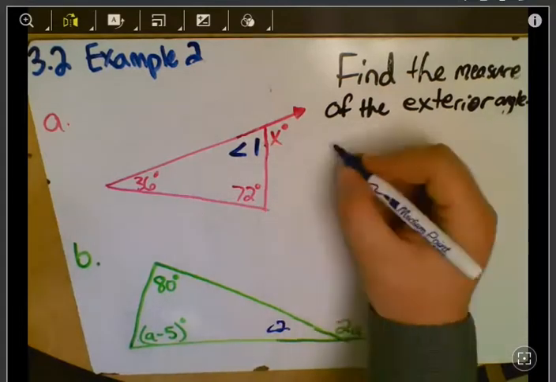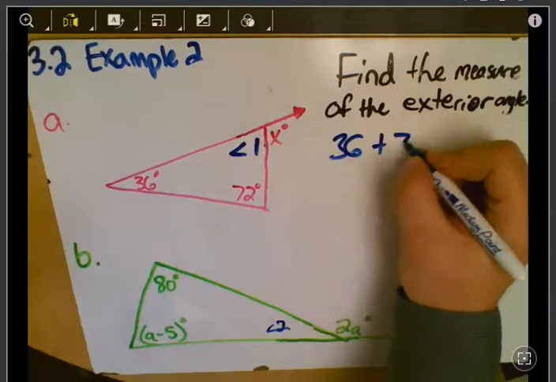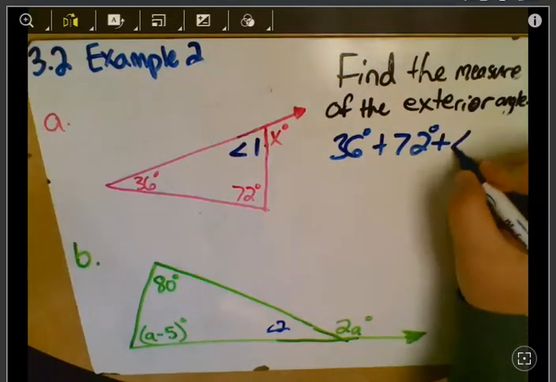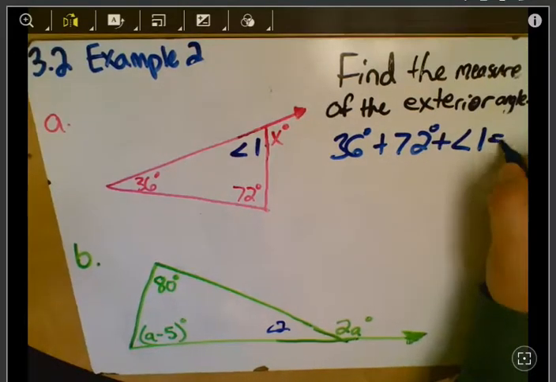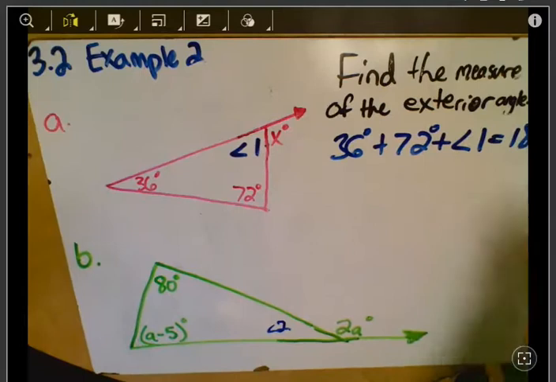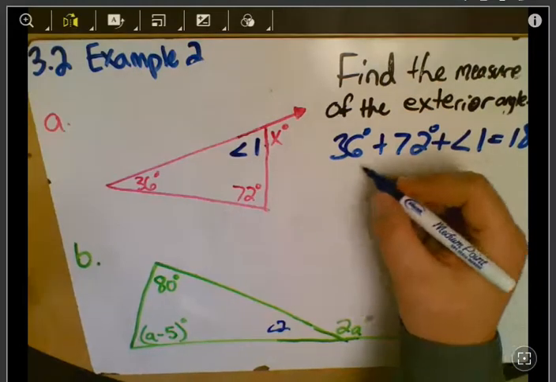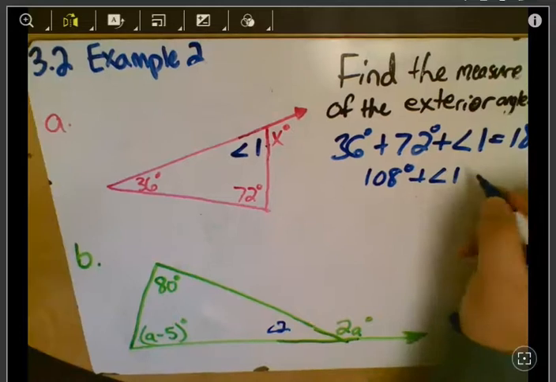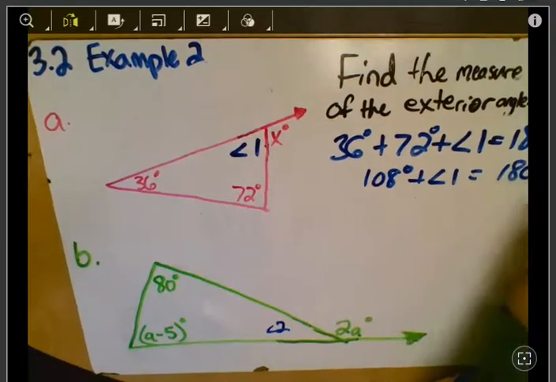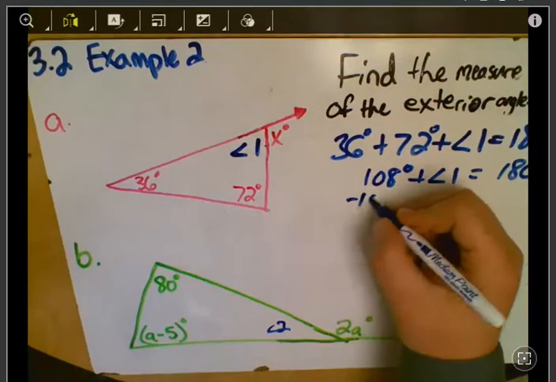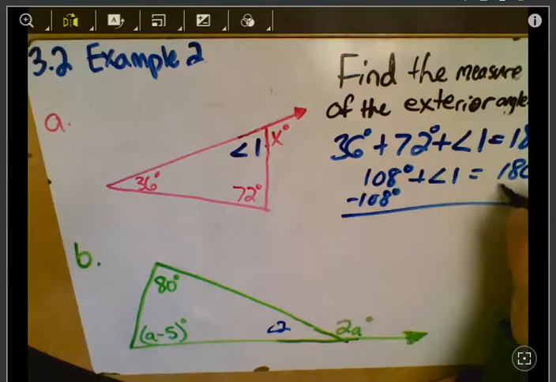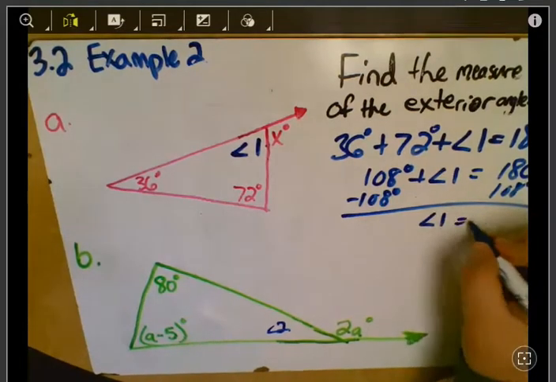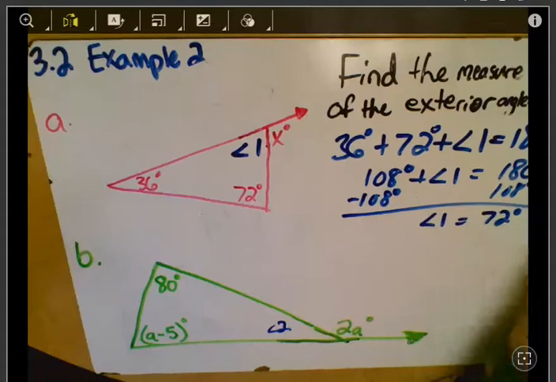So we know that 36 plus 72 degrees plus angle 1 equals 180 degrees. So we add these two, that gives us 108 degrees plus angle 1 equals 180 degrees. And we use our algebra skills, subtract 108 from both sides. And that gives us angle 1 equals 72 degrees.